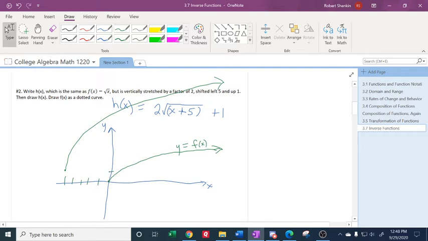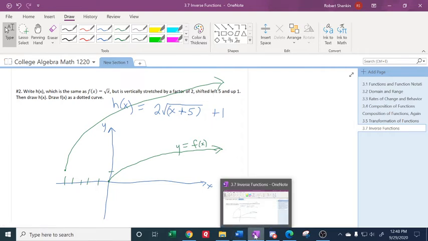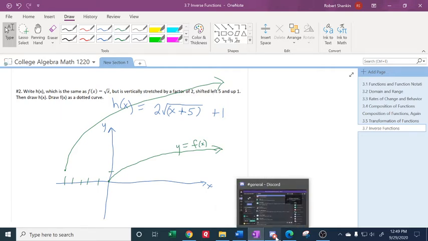Alright, give me a little feedback on number 2. Nailed it, still working on it, and was it easier to come up with the function or the graph? Which part do you need more practice on?